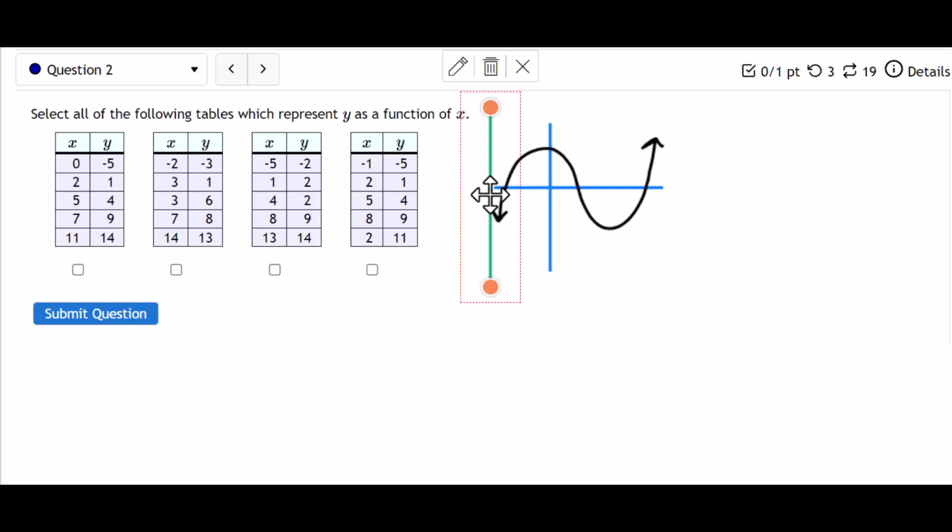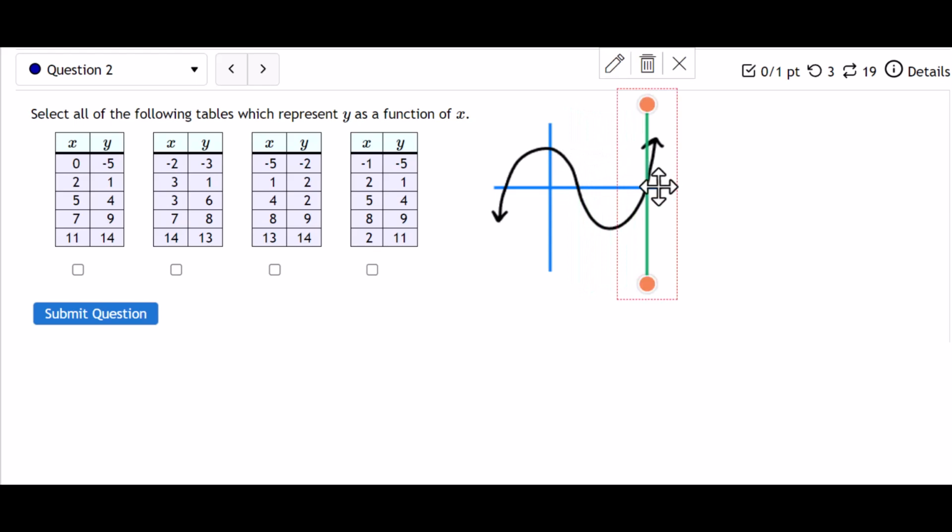This is called the vertical line test. So if I can take a vertical line and move it across this entire function and it only intersects in one place, this, by definition, is a function.